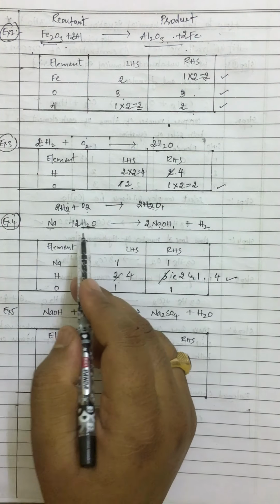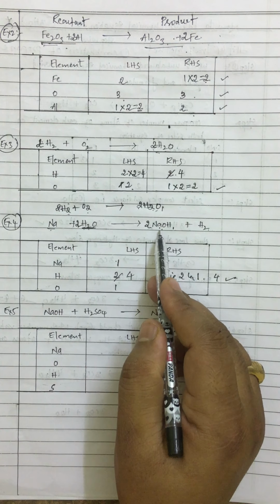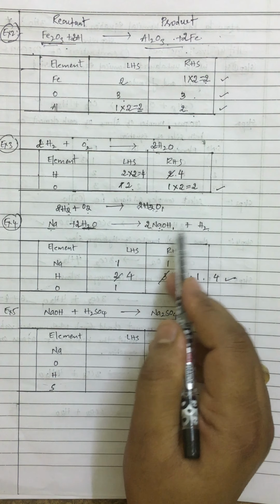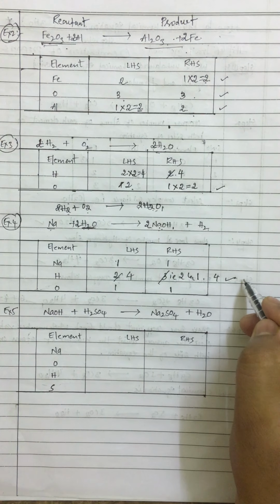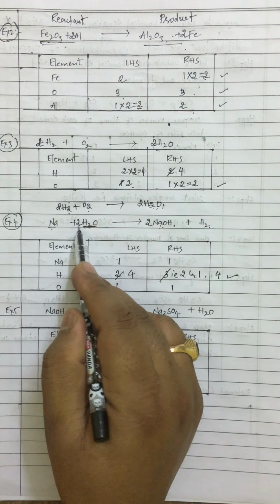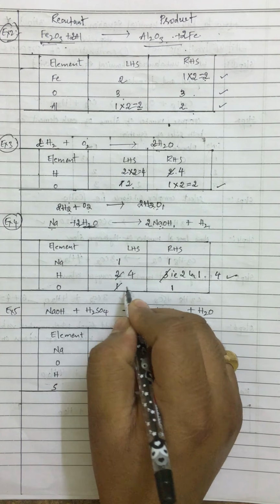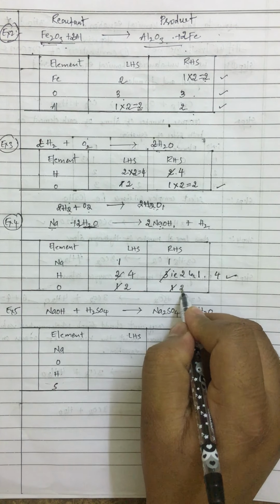Do you understand what I did? I placed 2 as a coefficient before H2O and 2 as a coefficient before NaOH. This makes the number of hydrogen atoms balanced. Now oxygen, 1 2s are 2. Now the oxygen atoms change. Oxygen atoms are 2 on the left hand side, and 2 on the right hand side.